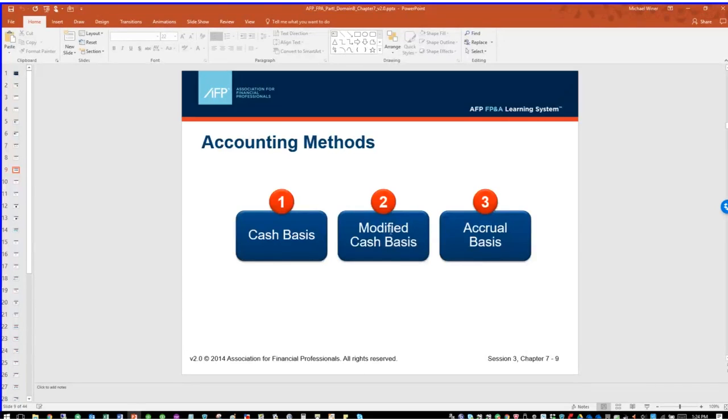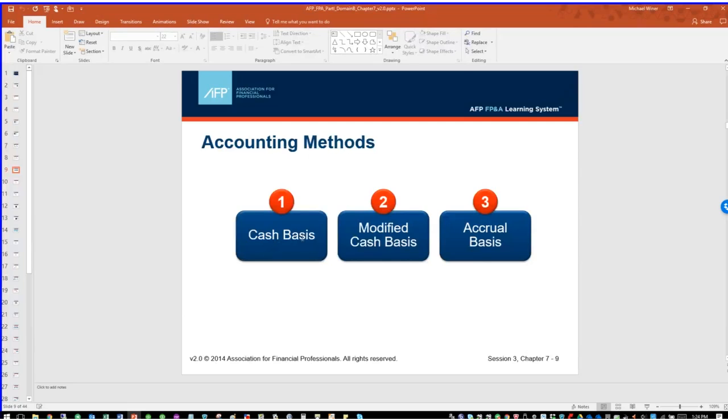This is kind of a hybrid. Basically, the revenue part of the income statement is done on an accrual basis as earned, and the expense part is done on a cash basis as paid. You don't see it a lot. It's mainly for accounting firms, law firms and professional service businesses. Usually it's either accrual or cash.